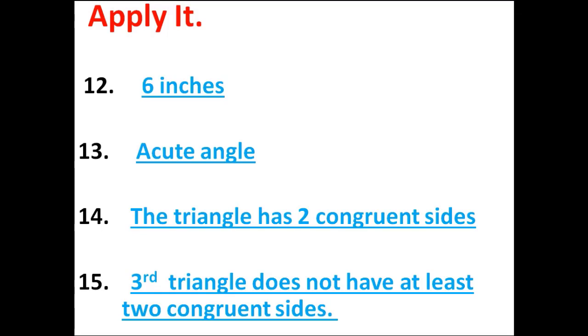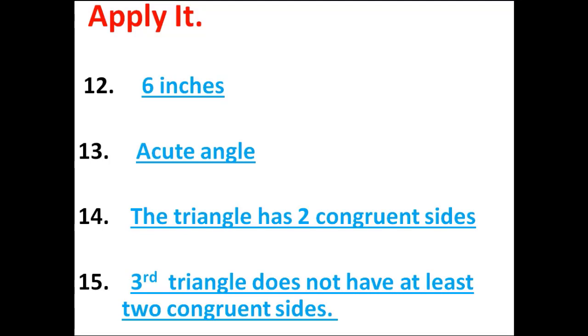Number 14, refer to exercise 13. It means you will see the figure in exercise number 13. You will use the same figure for this question. Measure the sides of the triangle, then describe the number of congruent sides. In this triangle we can see that two sides are equal. In the given line we will write: the triangle has two congruent sides.